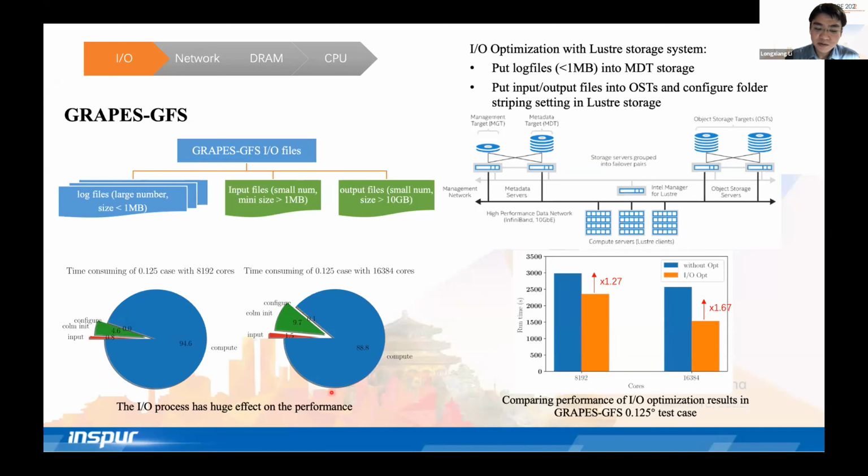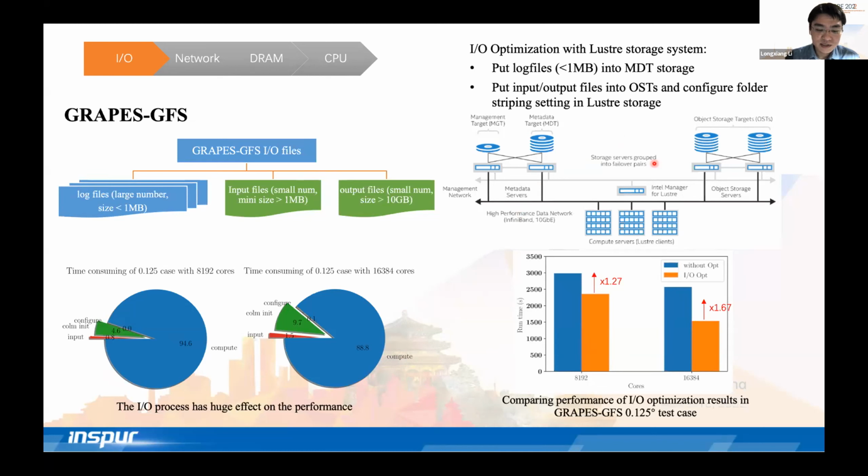In order to optimize the I/O process, we use 2 optimization methods based on the Lustre file system. First, we put the log files into the MDT storage, which is typically configured as high IOPS and optimized for small I/O data.